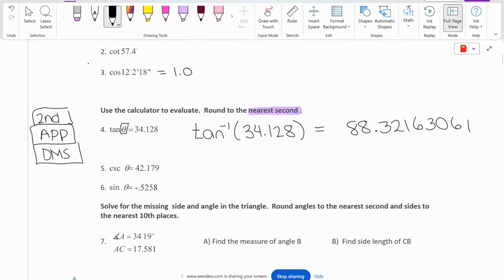So now, second apps choice 4, enter. You are going to get 88 degrees, 19 minutes, and 17.87 seconds. So that's going to be 18 seconds if we're rounding to the nearest second.